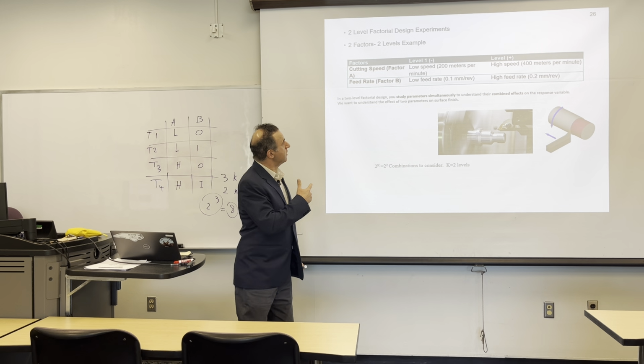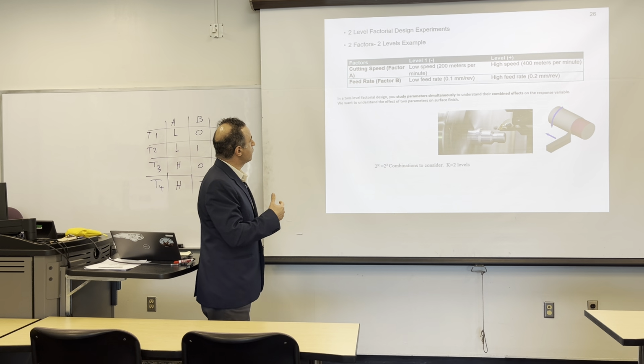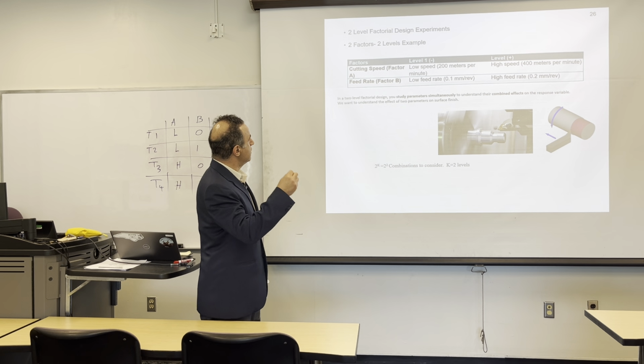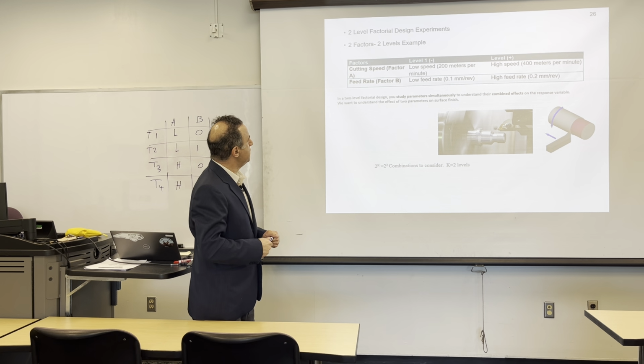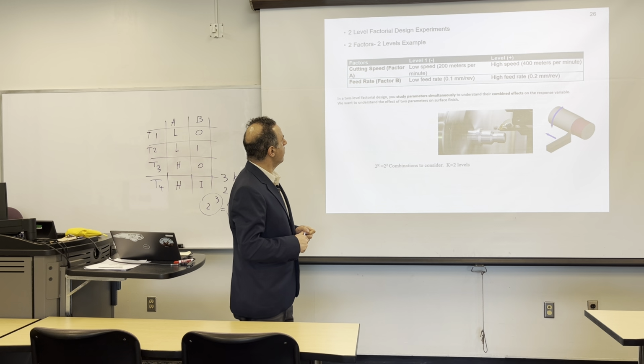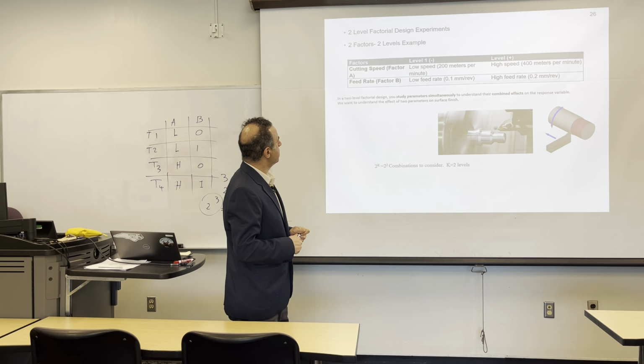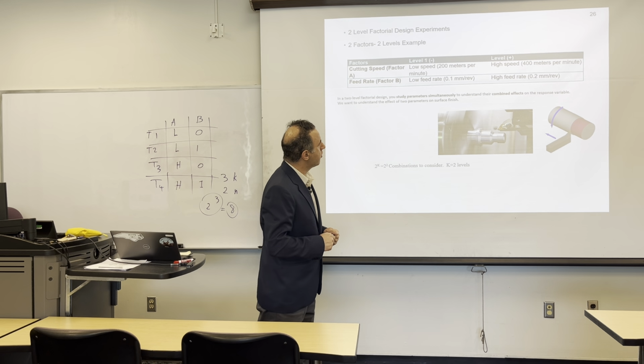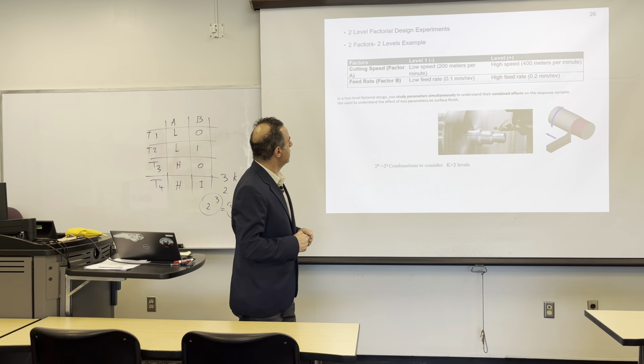So this experiment shows we had a 2-level factorial design, 2 factors, 2 levels, right? The cutting speed is 1 factor, another factor is the feed rate. For level 1 of the cutting speed, we have the lowest speed 200, the high level is 400 meters per minute.